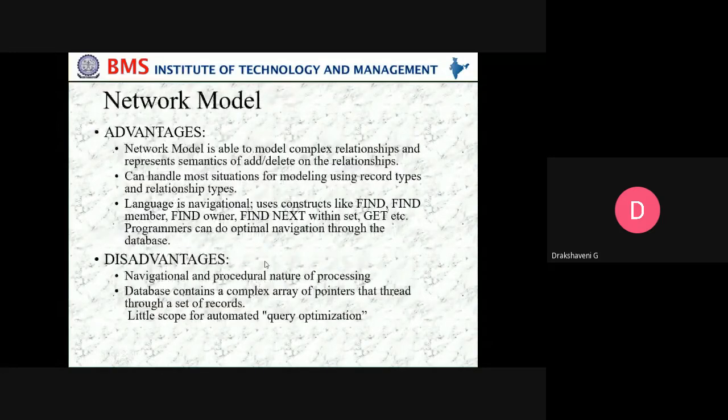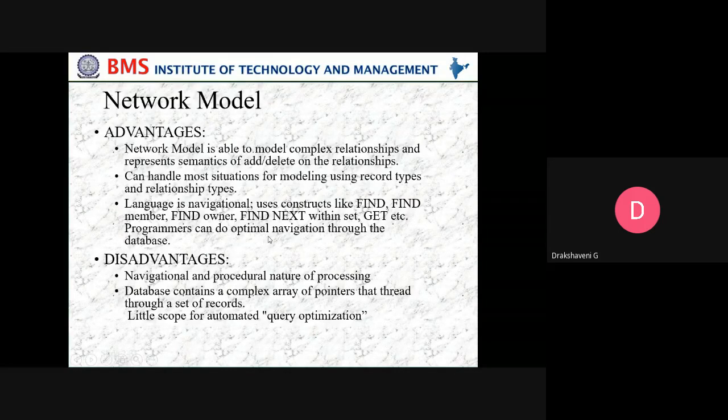Now the network model. Its advantage is that it is able to model complex relationships and represent the semantics of add or delete on the relationship. It can handle most modeling situations using a record type and a relationship type. The language is navigational, using constructs like find member, find owner, find next, and get.